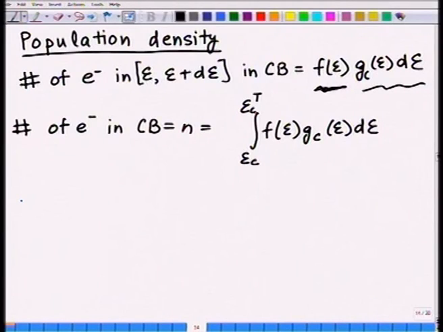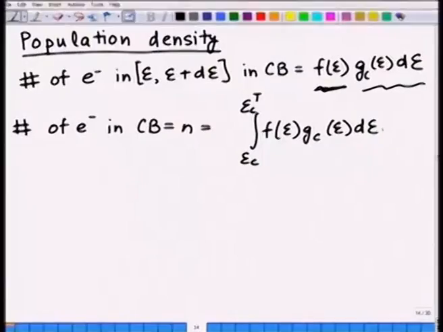That objection may be true, but at this stage I am not writing what the expression of GC is. If we use the expression of GC which we have derived, then of course we have to answer the question I have just raised. But up to this stage we are okay.